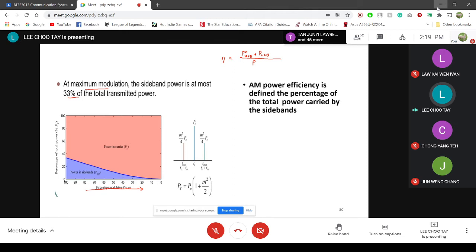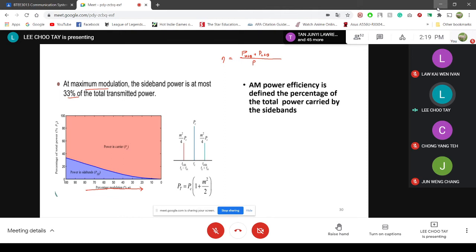So let's compare the answers we get in A and B. In A, when the modulation index is 0.5, we have an efficiency of 11.1%. And when the modulation index is reduced to 0.3, our efficiency has also been reduced to only 4.3%.